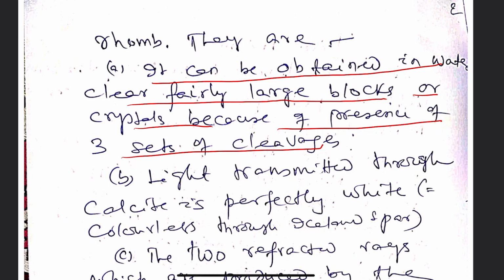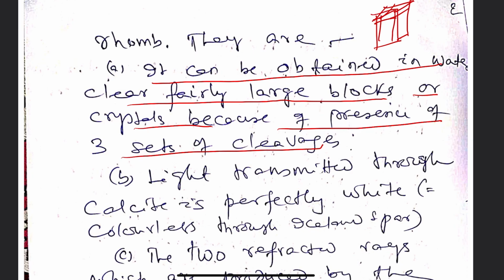The three sets of cleavages produce rhomb-shaped blocks, and they are easily obtained because of the presence of three sets of cleavage.